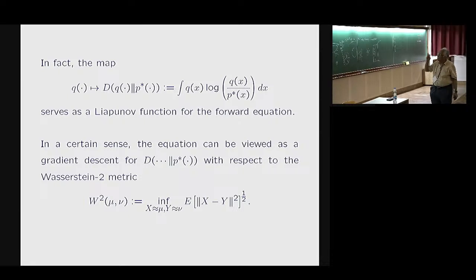And what they show is that you recover a discrete version of the forward equation, and as the discretization is made arbitrarily small, in that sense, it behaves like a gradient descent with respect to the Wasserstein metric.